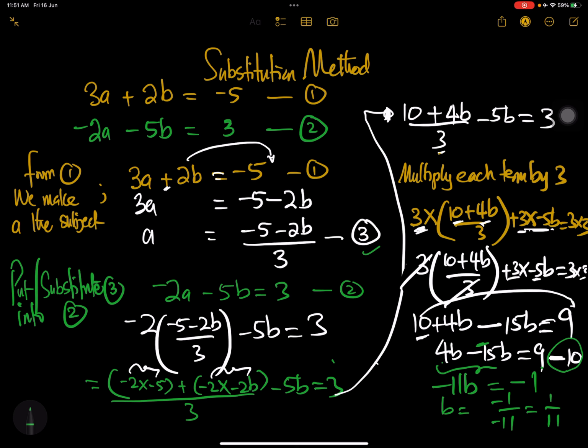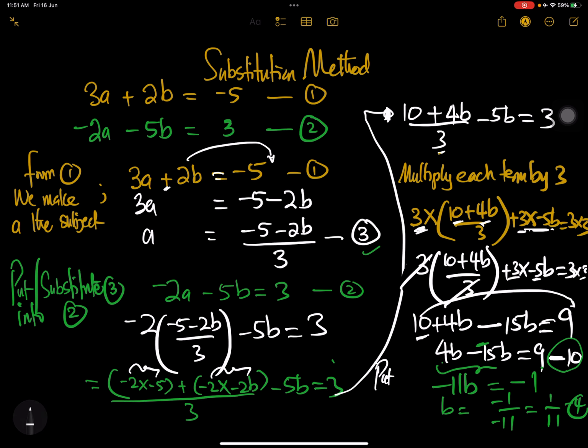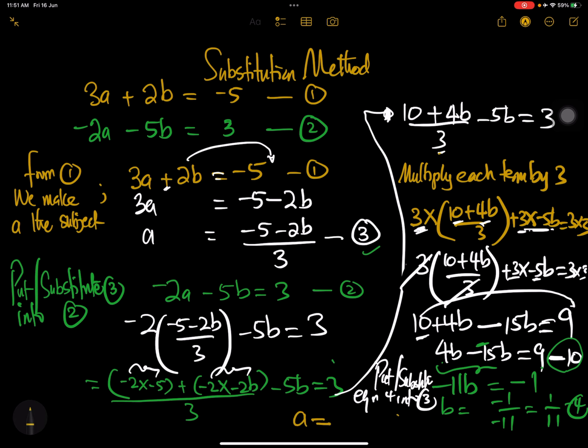Once we get this, it becomes our equation 4. Then finally, we can substitute equation 4 into equation 3. Equation 3 is where we found the a. So a will now become negative 5 minus the 2b. The b there is 1 over 11, all divided by 3.